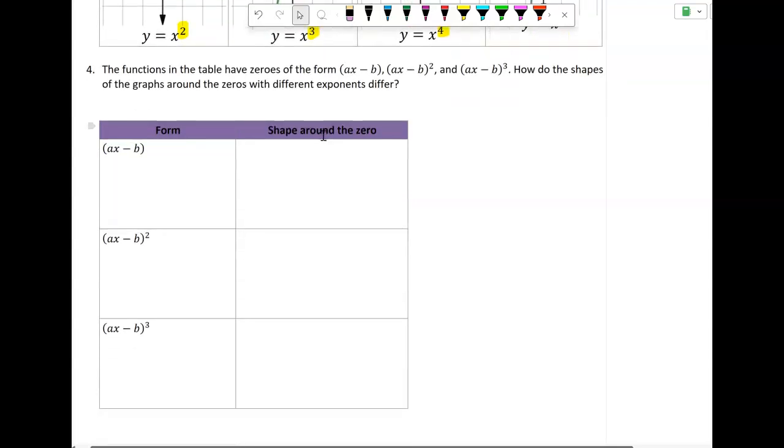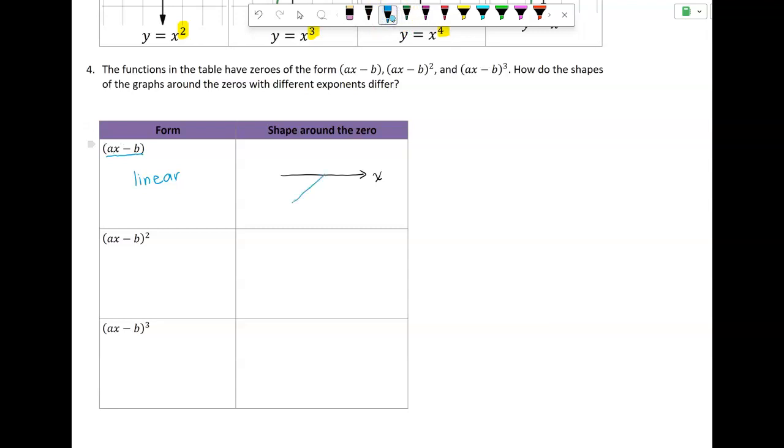So I'm going to remind you and make you think about how zeros look in the equations. Here we have the equation ax minus b. That has an exponent of 1 because there's only one x, even in the bracket. So this is going to be very similar to a line, or a linear function. When we look at the zeros, we want to look at how it looks around the x-axis.